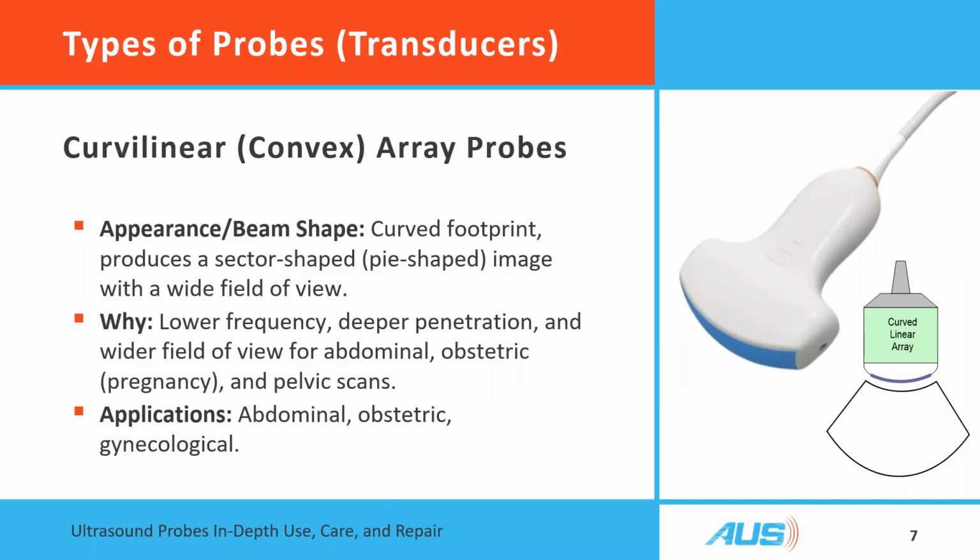Then we have the curved linear or convex array probes. It's a curved footprint, gives you a wide angle. You can see it's a pie-shaped image on the right. It's a wide angle field of view, as I mentioned. It's a lower frequency normally, designed for deeper penetration, and its primary application is abdominal or OBGYN.